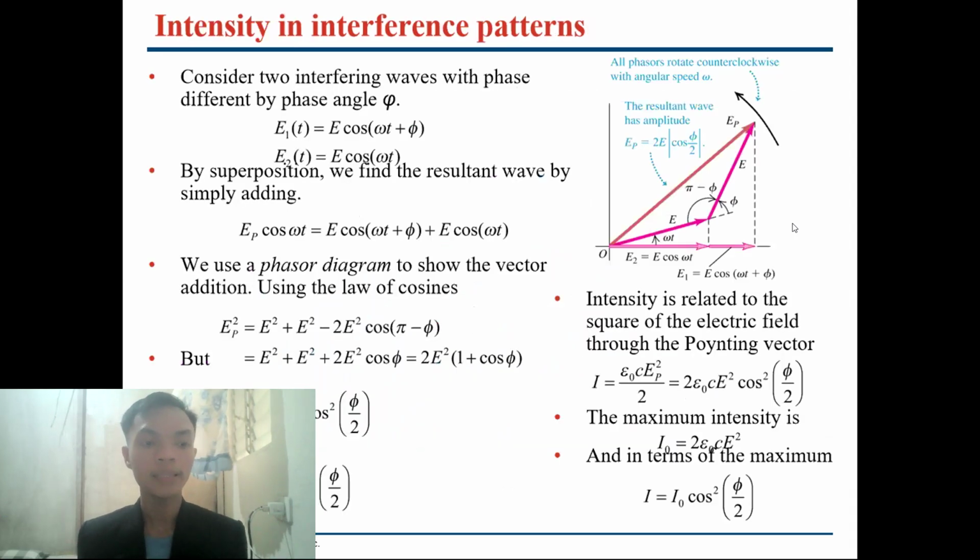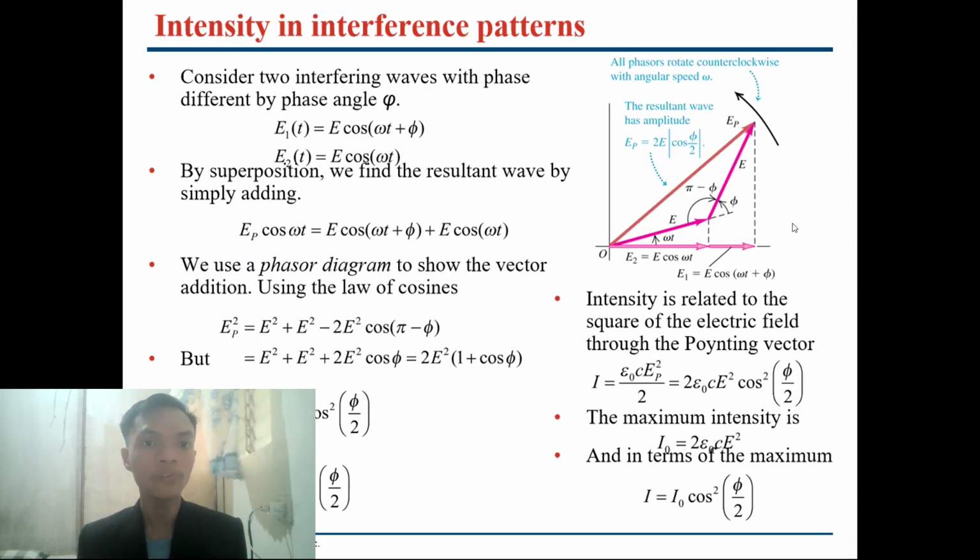So let's have the intensity in interference patterns, or the phasor method. So intensity depends on the electric field amplitude. Using phasors, we add two waves with a difference in their phase angle.